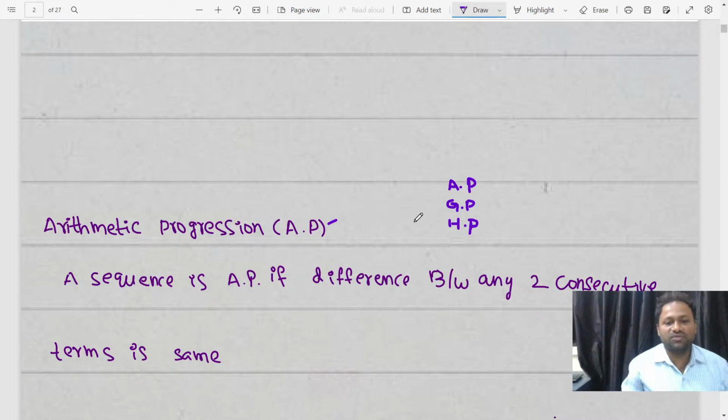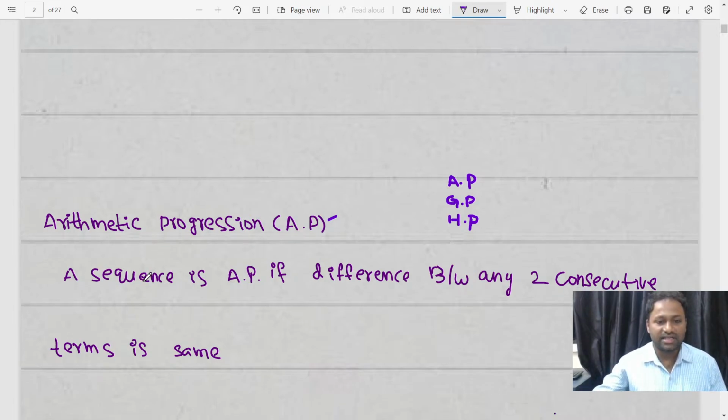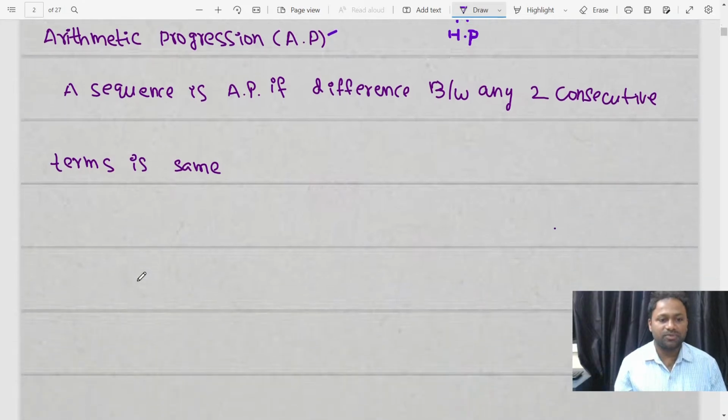What is the definition of arithmetic progression? Arithmetic progression is nothing but a sequence. First of all, we need a sequence, and it should have a particular definite condition. What is that condition?